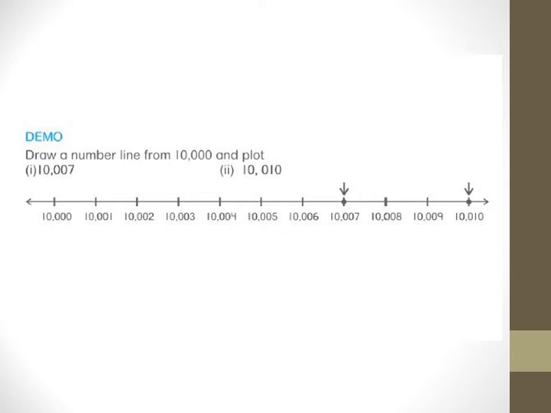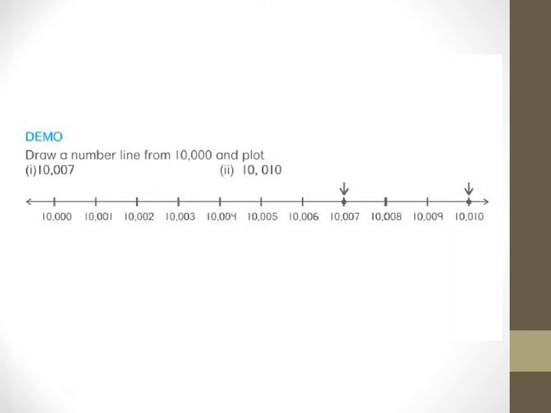That means there is an arrow at the beginning and an arrow at the ending, and we are starting the number line from 10,000. That means to the left of 10,000 there is 9,999 and so on up to 0, and to the right-hand side of 10,010 there is 10,011, 10,012 and so on. That's what the left arrow and the right arrow mean.